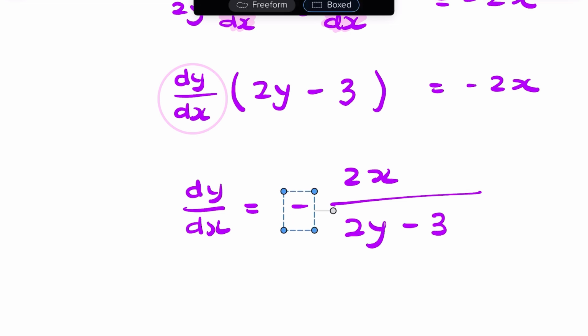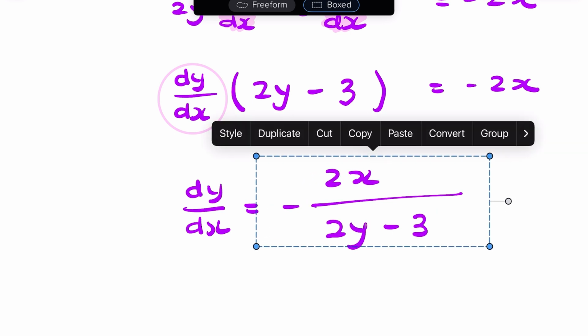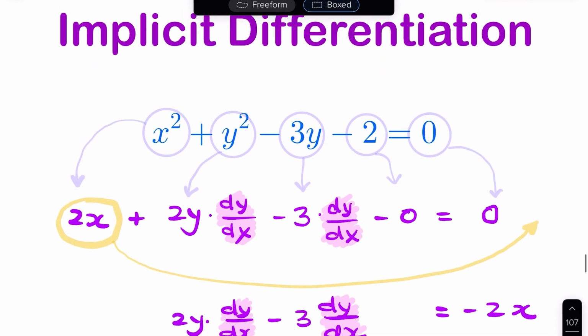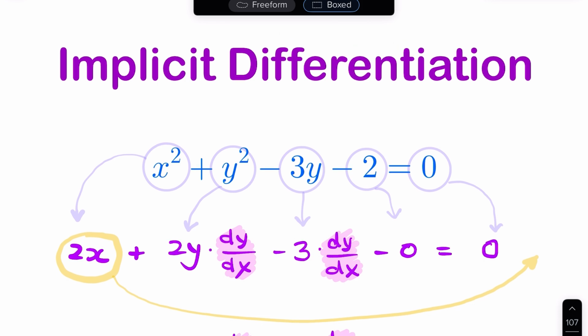Now, it doesn't matter if that negative you put up there or here or down here, as long as you have brackets, but I'm going to put it right here. So it's negative 2x over 2y minus 3. So that's the expression for the derivative dy by dx using implicit differentiation.